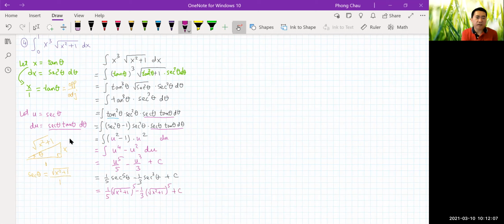Now we finally have the antiderivative of this function.